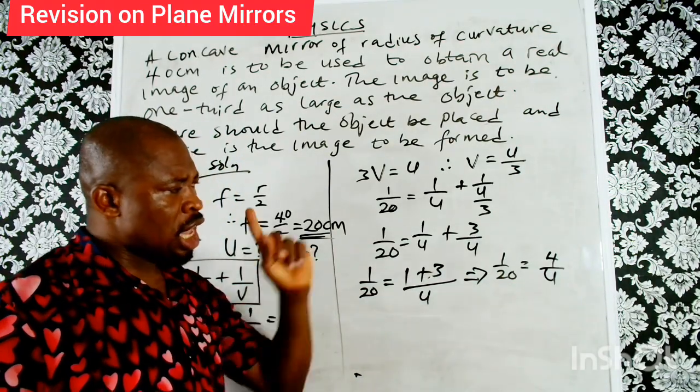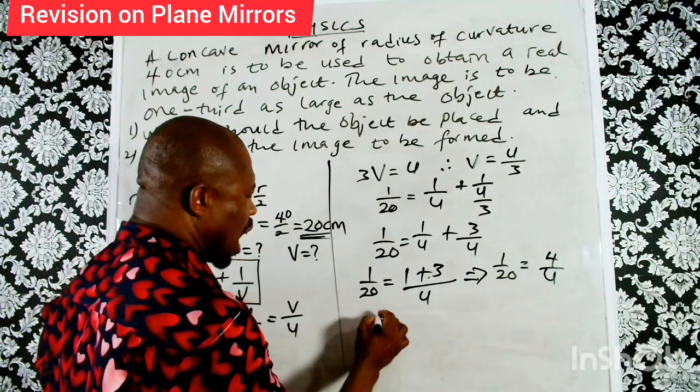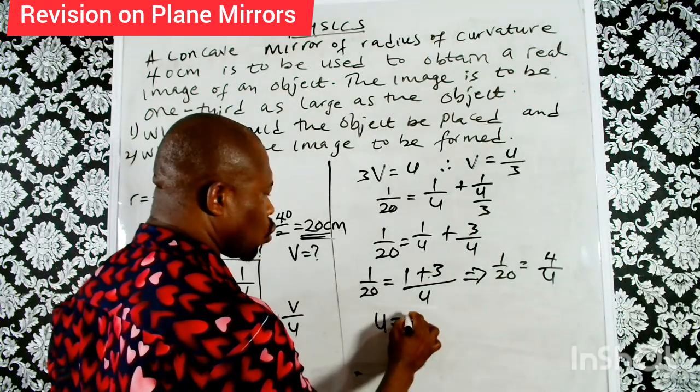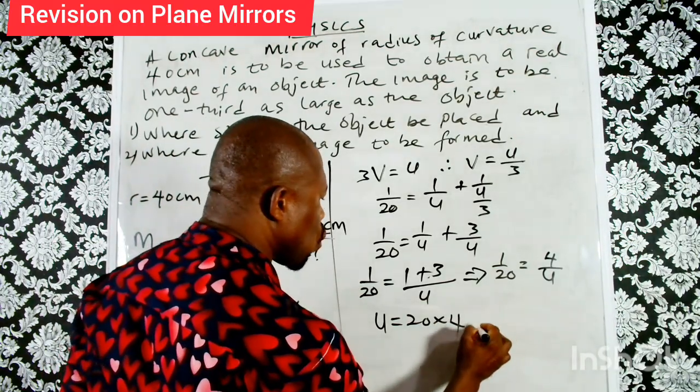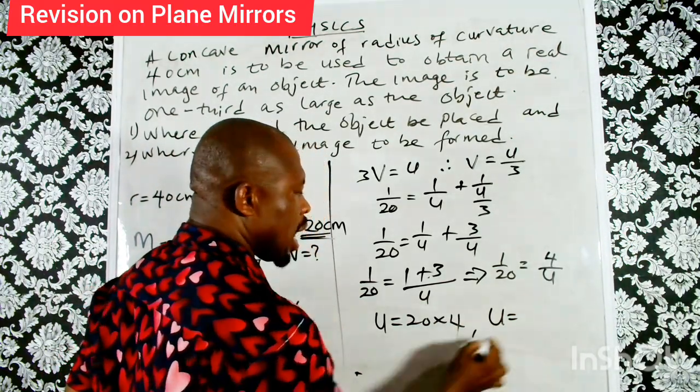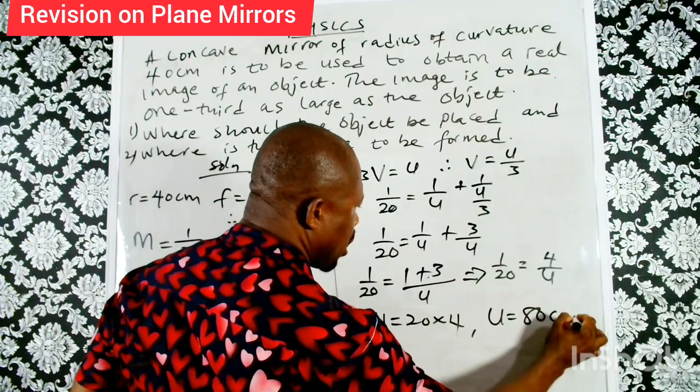Then U is equal to 20 multiplied by 4, and U will give us 80 cm.